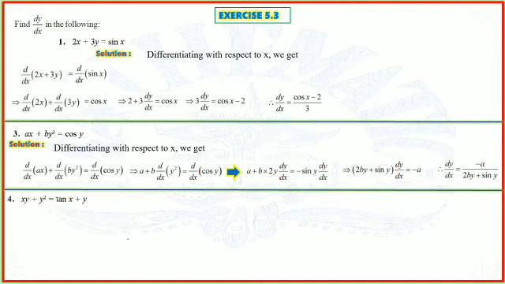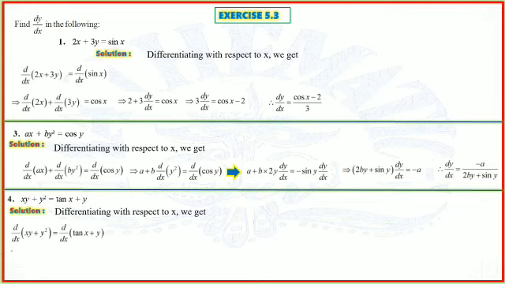That is a simple thing. So differentiating with respect to x, d over dx of xy plus y square on the left hand side, and the right hand side, distributing this operator inside: d over dx xy plus d over dx y square is equal to d over dx tan x plus d over dx y.